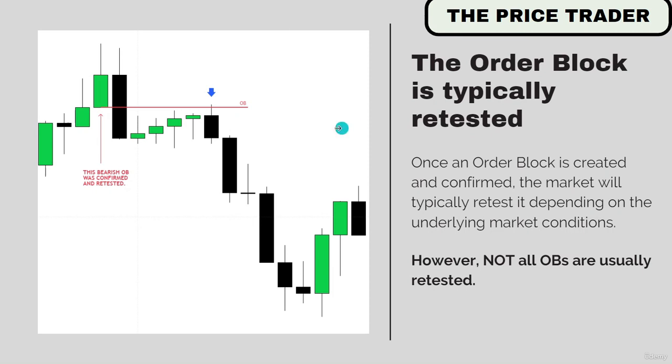The reason being that, for example, if this is a daily chart and you have the weekly dropping, and you say that one of these is an order block, since we have a swing and the last up close candle, it might not necessarily be retested because the weekly is expanding and leaving imbalances, so it is aggressively moving lower. So the market might not find the drive to come back all the way here because we're already expanding in the weekly chart.